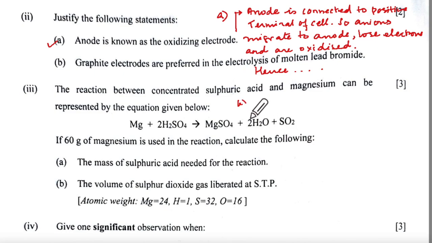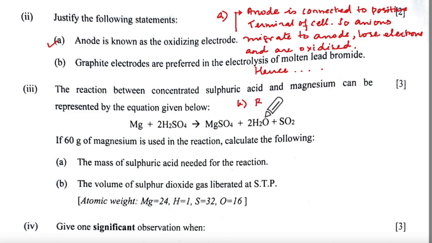For your B answer, graphite electrodes are preferred in electrolysis of molten lead bromide. Now in lead bromide, remember your Pb2+ and Br-, they are the dissociation products.